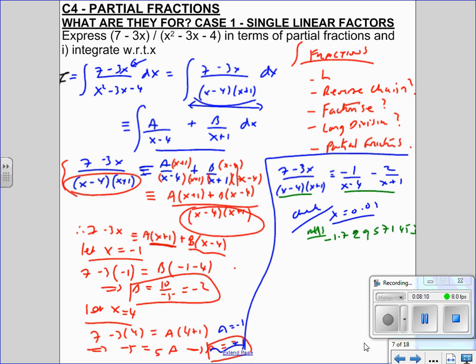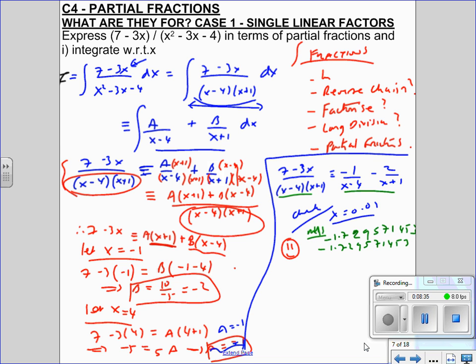So use that answer button, 7 minus 3 answer, over answer take 4, answer plus 1. And I get -1.729, and I should get exactly the same. So it's different to the binomial, where you expect it to be correct to 6 dp. This should be exactly the same. It is exactly the same, so we're happy.